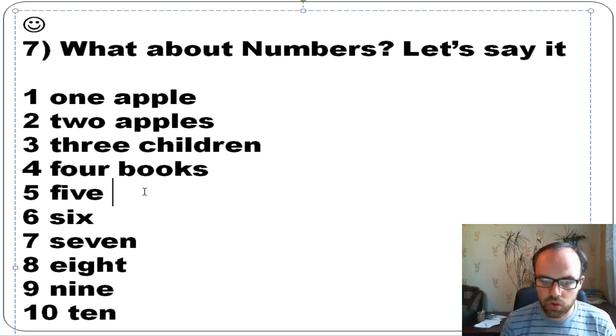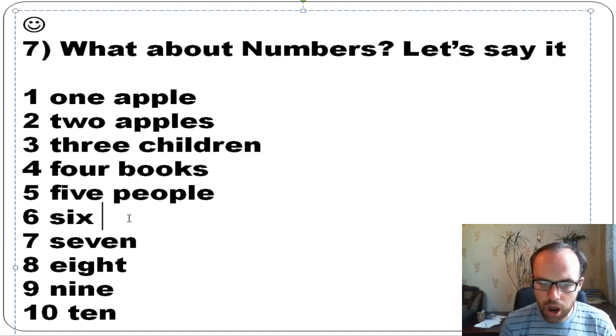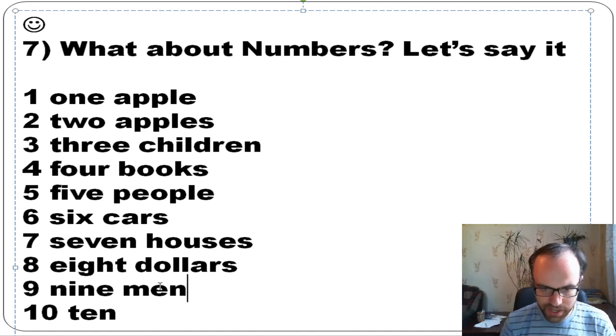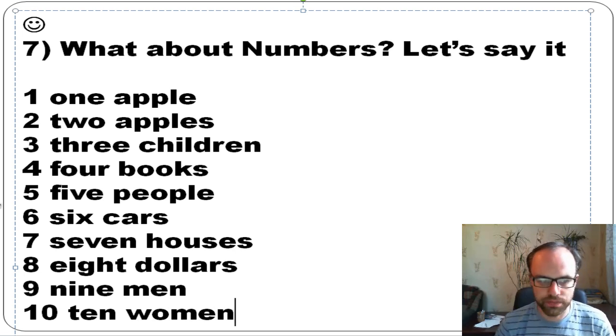1 person, 5 people. 1 car, 6 cars. 1 house, 7 houses. $1, $8. Okay, good. 1 man, 9 men. 1 woman, 10 women. Very good.